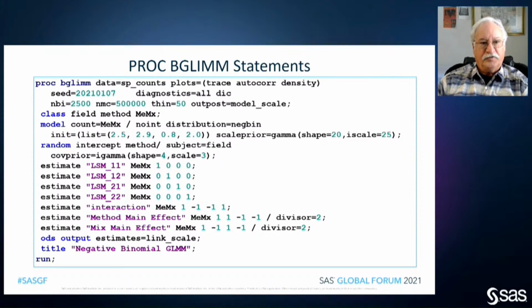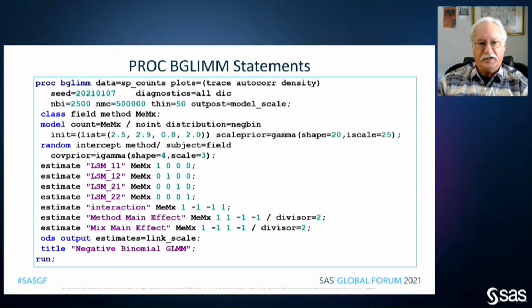Okay, so the BGLIMM statements, what you would do here would be to first try to identify reasonable starting values and reasonable prior distributions. So I've skipped all the steps that we worked through with the binomial, and this is a kind of final result. So you can see the burn-in options, the Markov chain options, the thinning options.